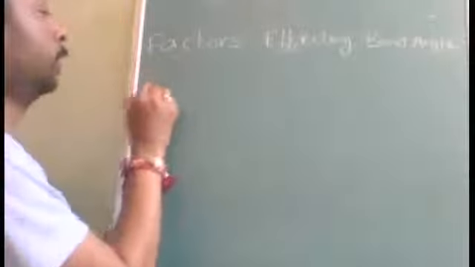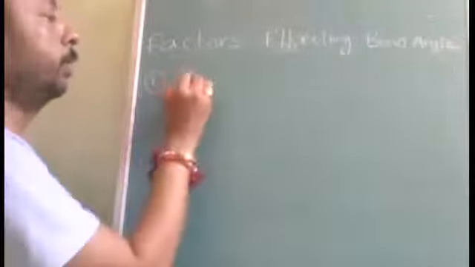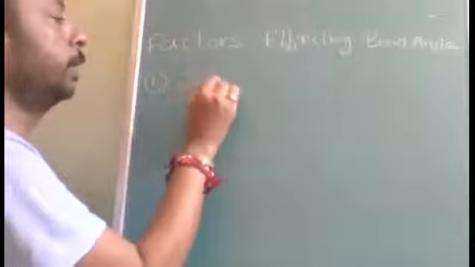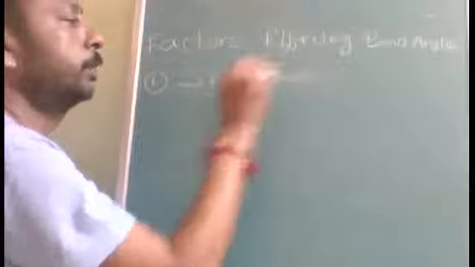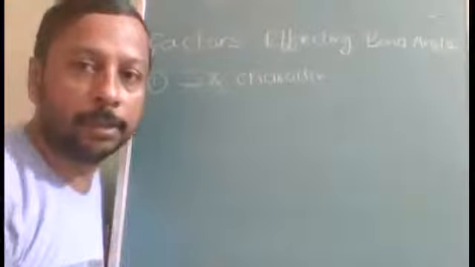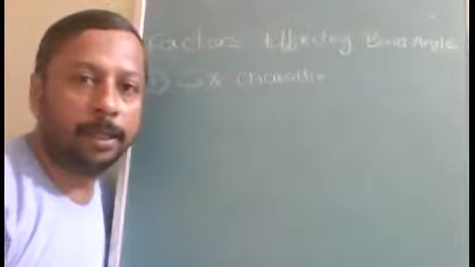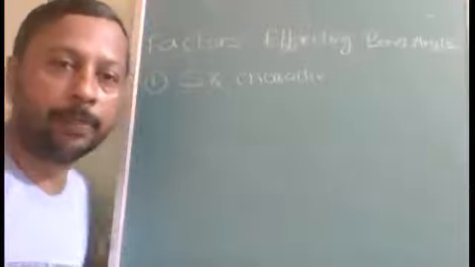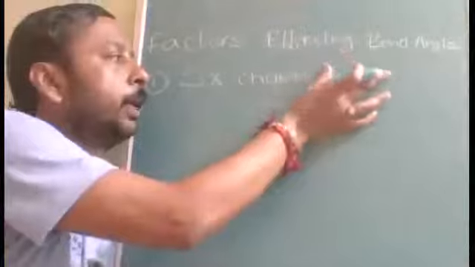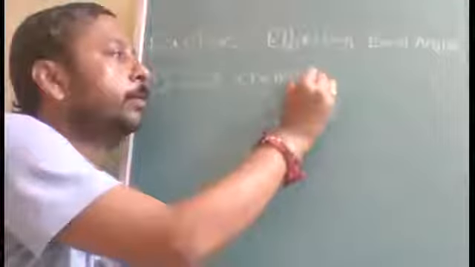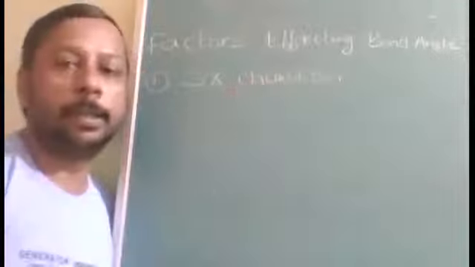Okay, first you should find out about the hybridization and s percentage character. First step: whenever a question comes, arrange the following in increasing order of bond angle, first you find out the hybridization, and you find out the s percentage character.